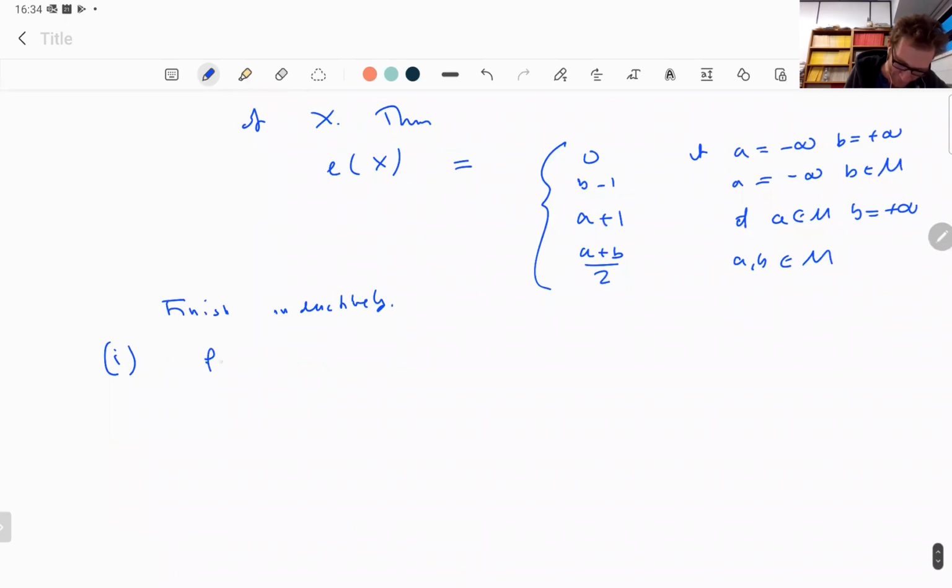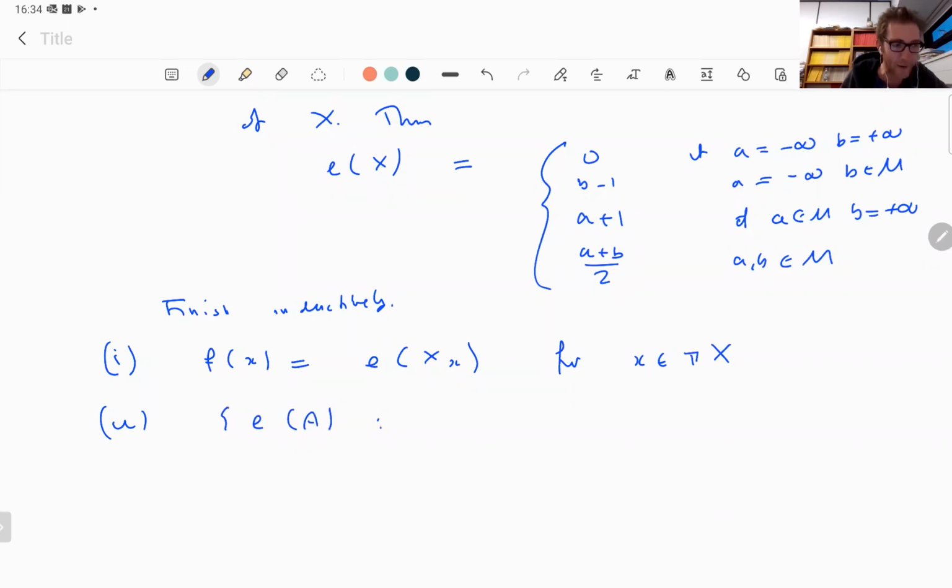So then for 1, you put f of little x to be this element of the fiber, for x in the projection, so that the fiber is not empty. And then for 2, if I take e of A, where A is an equivalence class of E, that gives me a definable set of representatives.